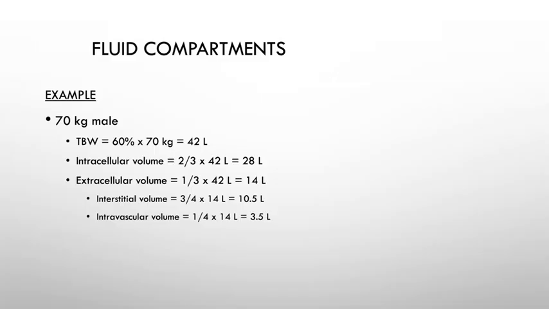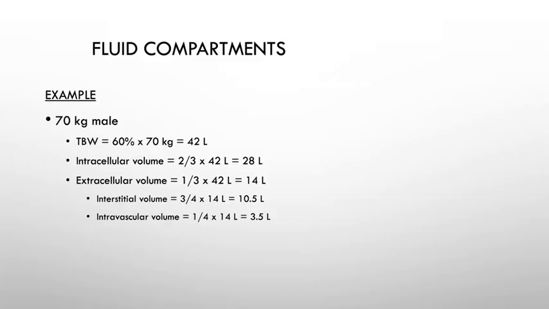Of that 42 liters, 2/3 is found in the intracellular compartment, which would be about 28 liters. The remaining 1/3, or 14 liters, is found in the extracellular compartment. If we further divide the extracellular compartment into the two spaces, we would say that about 3.5 liters of water is in the intravascular space, and about 10.5 liters of water is in the interstitial space.